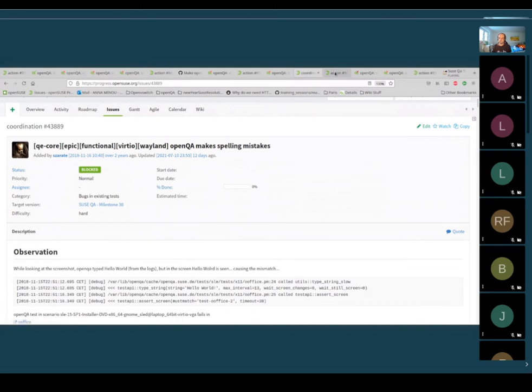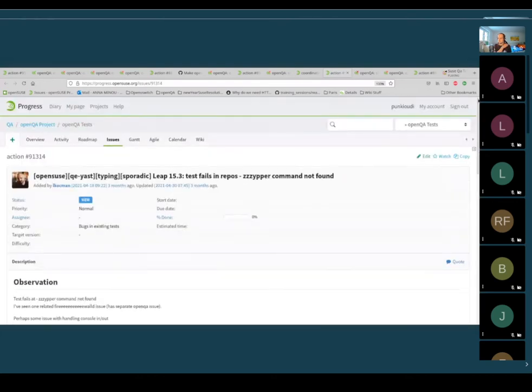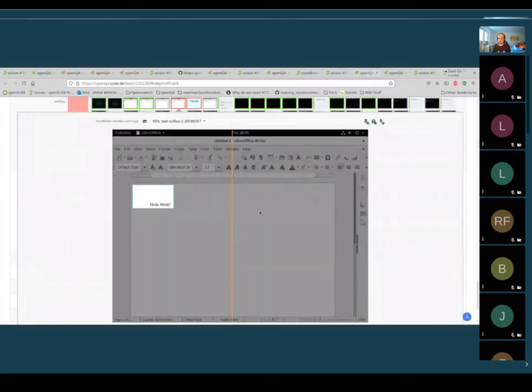Let's say, one more here: test failed in repos ZZZ, zipper command not found. So it seems that the Z was written many times, or here, hello world is typed in a wrong way, etc. So yeah, this is one more thing that is seen.